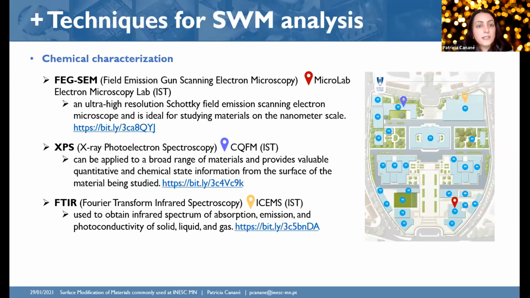Of course, there are more techniques to assess the surface wettability modifications. We have techniques for chemical characterization, like, for example, XPS, X-ray photoelectron spectroscopy. All of these techniques we can find in different labs at Instituto Superior Técnico.